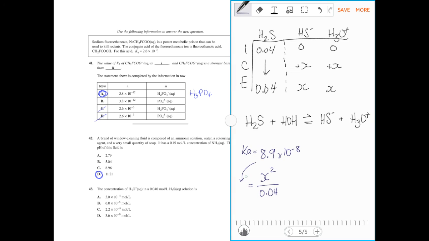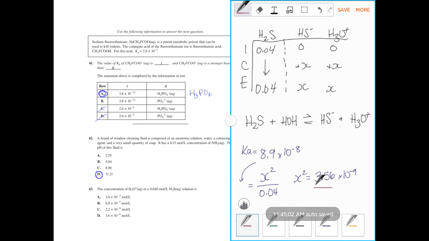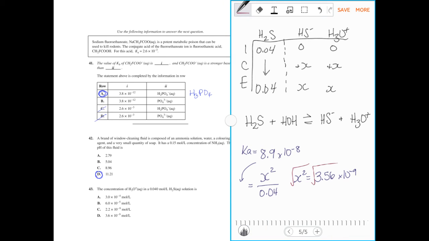So when I simplify this, x squared is equal to 3.56 times 10 to the negative 9. And I'm going to then square root each of these numbers.